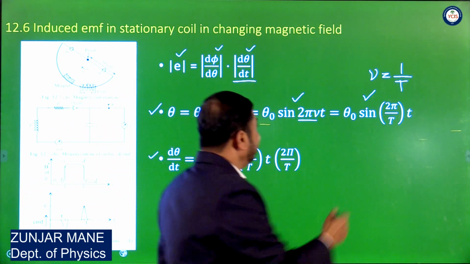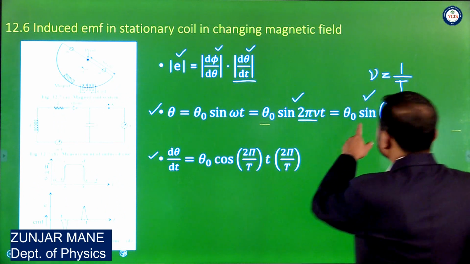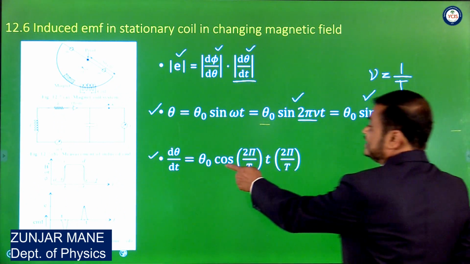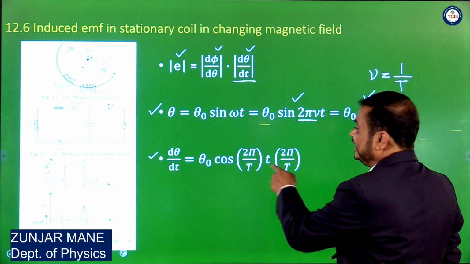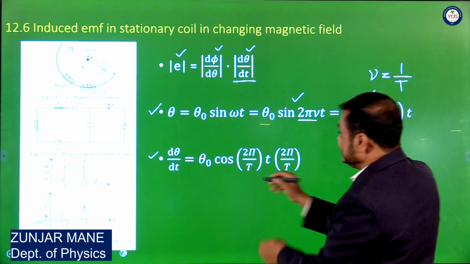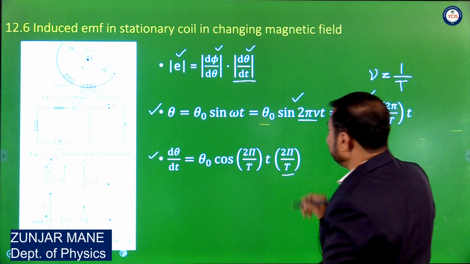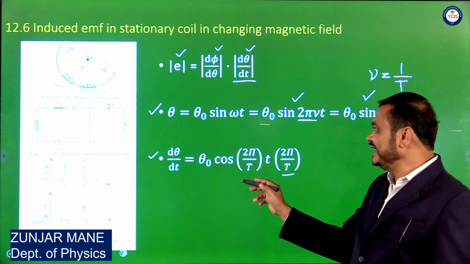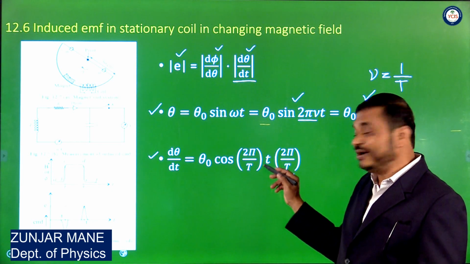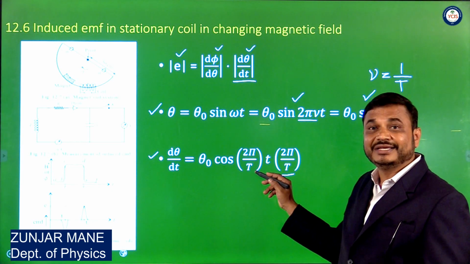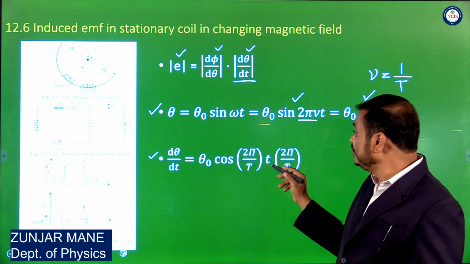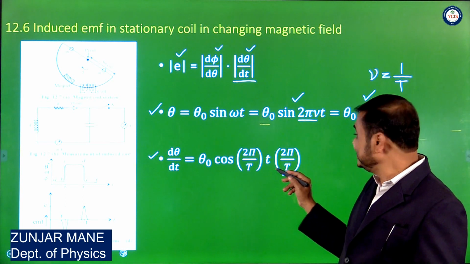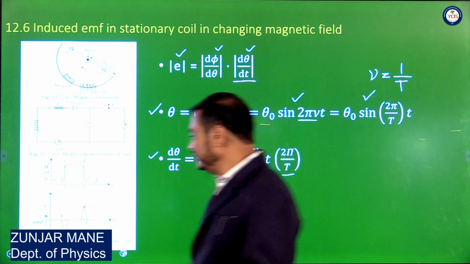Take the derivative of θ0 sin θ, which is cos θ, so cos (2πt/T) into t, and this constant multiplied by 2π/T. So dθ/dt is equal to θ0 cos (2π/T) t, where T is the time period and t is the instantaneous time, into 2π upon T.